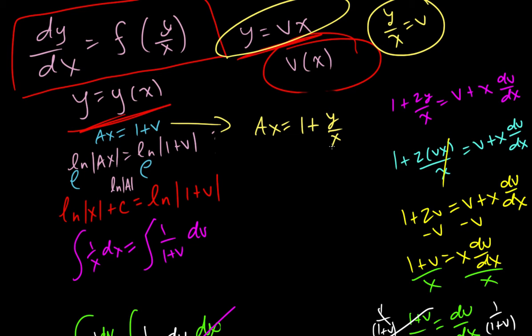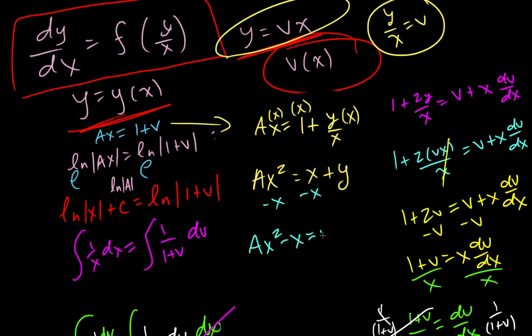And then if we want to solve for y, we can just multiply everything by x. So we're going to get ax squared equals x plus y. Subtract x. ax squared minus x equals y. And a is just known to be a constant.